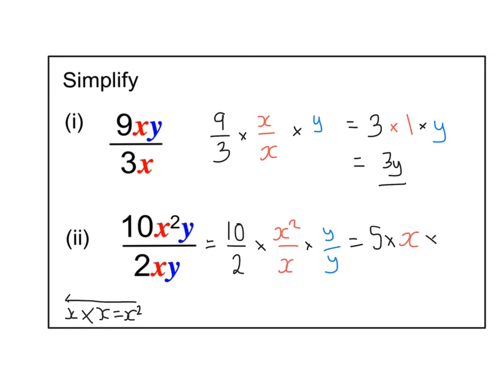And then we've got y divided by y, which is 1. So altogether we've got 5 times x, which is 5x, times 1, so we've just got 5x.